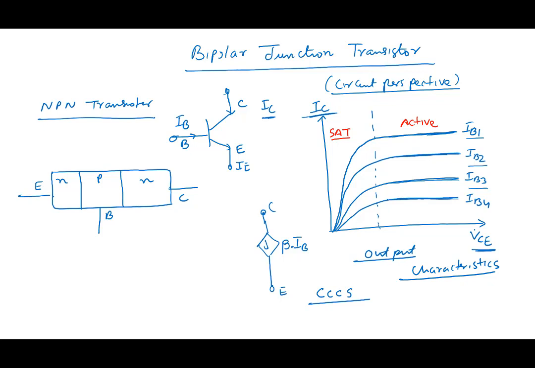All right, if you want to make it more accurate, then you need to take into account the fact that there is a slope here. The current is not simply beta times IB. Let me take one of these characteristics and exaggerate it a little bit.